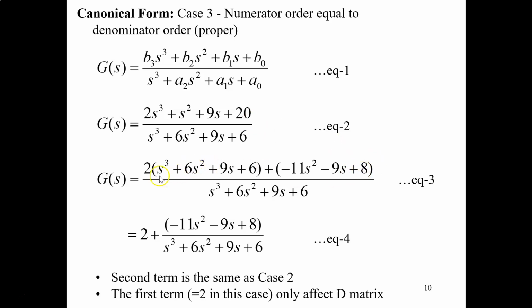Now, once you've done that and matched the denominator terms, I can do a division. Because 2 times all that divided by the denominator terms equals 2, that 2 goes to the front. The second part of the numerator is minus 11s squared minus 9s plus 8, divided by that. So I write that down. That's exactly the same format as in the second example.